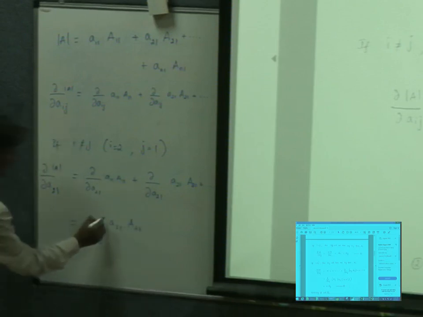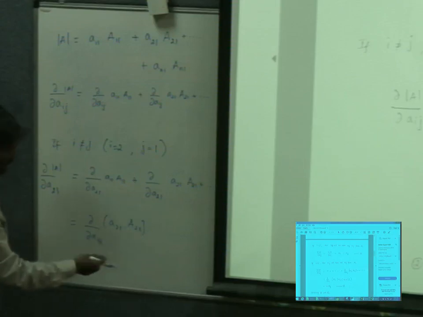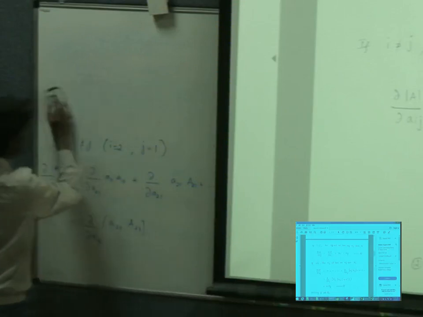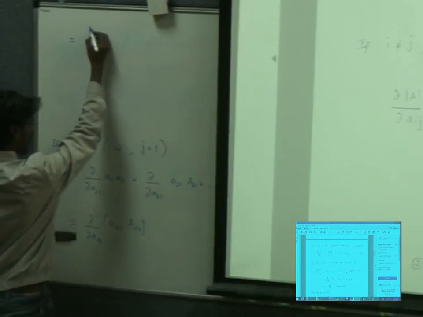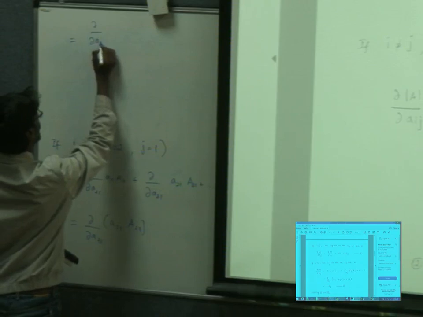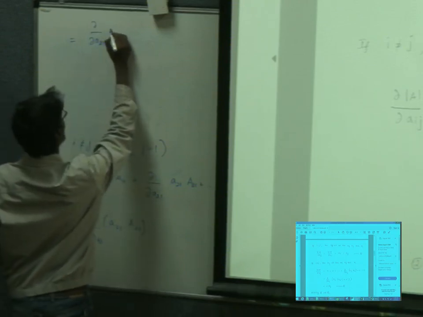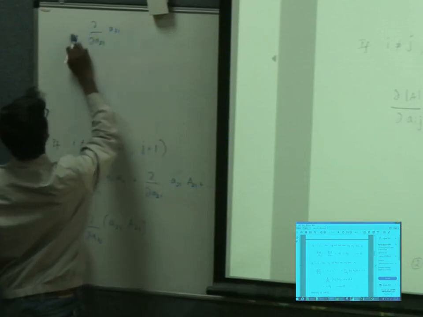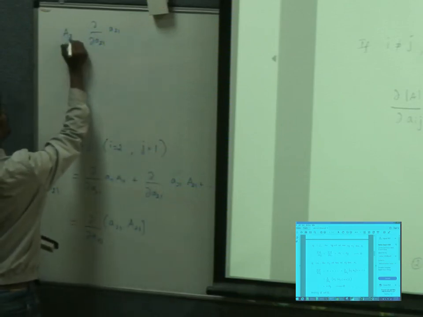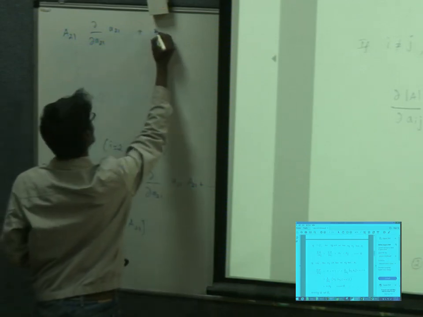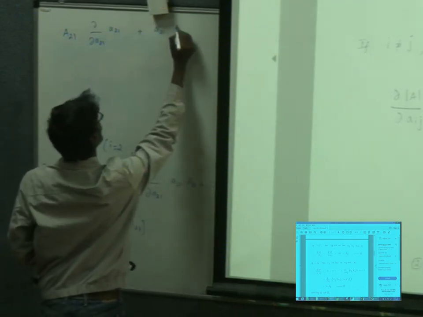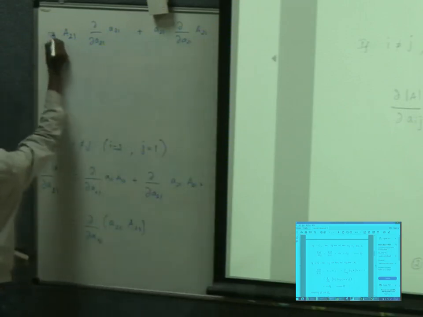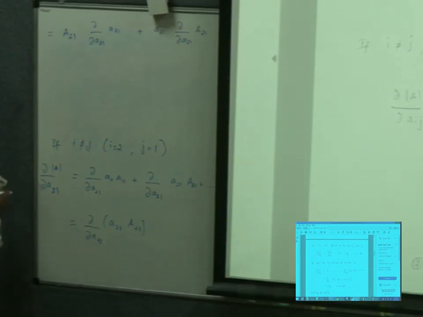This term is again a product of two functions, so apply the chain rule where dou a21 into A21, this is what it is.